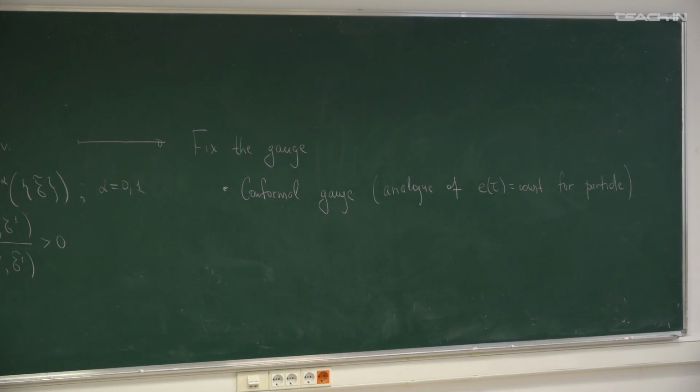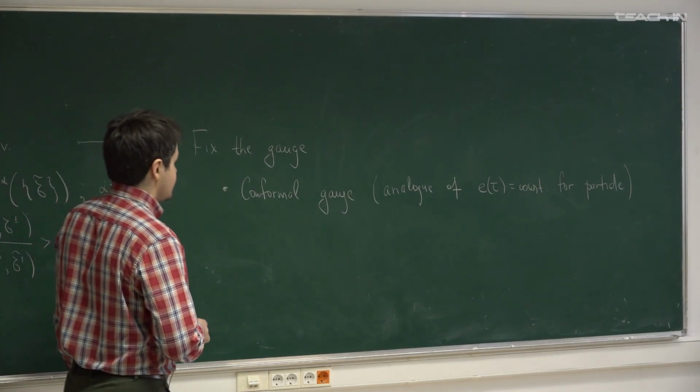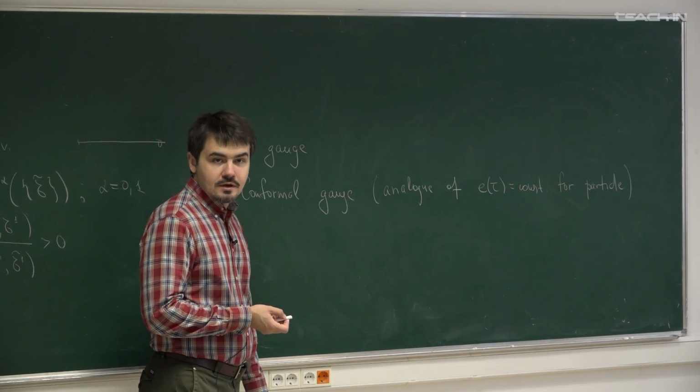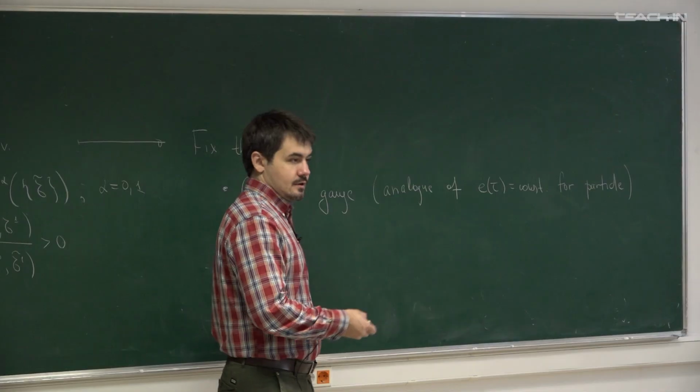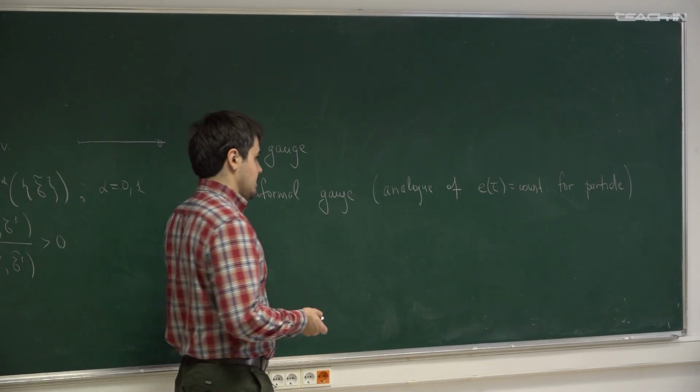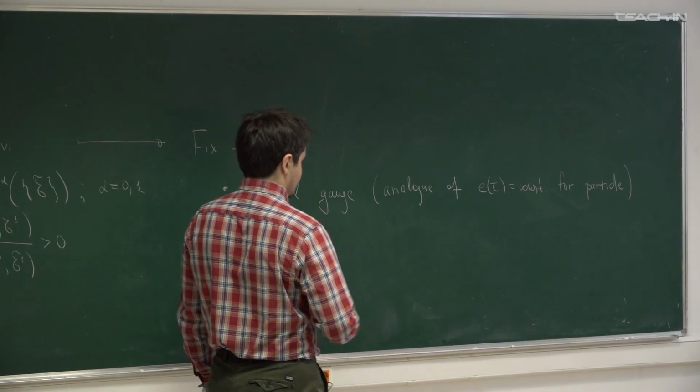Well, the drawback of this gauge is that the constraints will still remain. So the constraints have to be imposed on top of your equations of motion. So the constraints become constraints on initial data for the equations of motion.